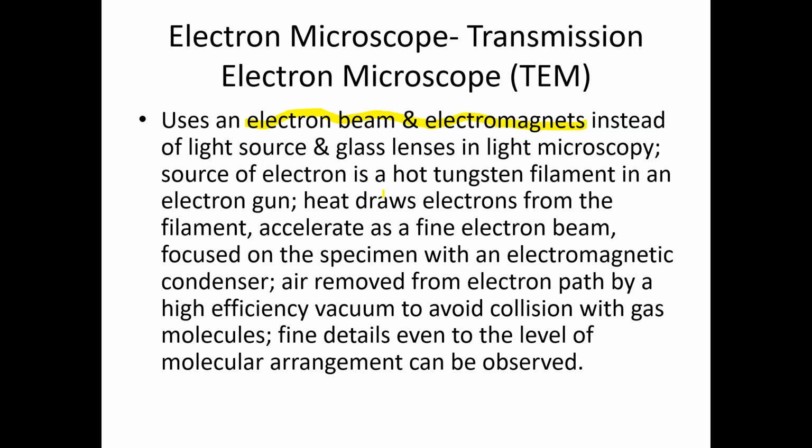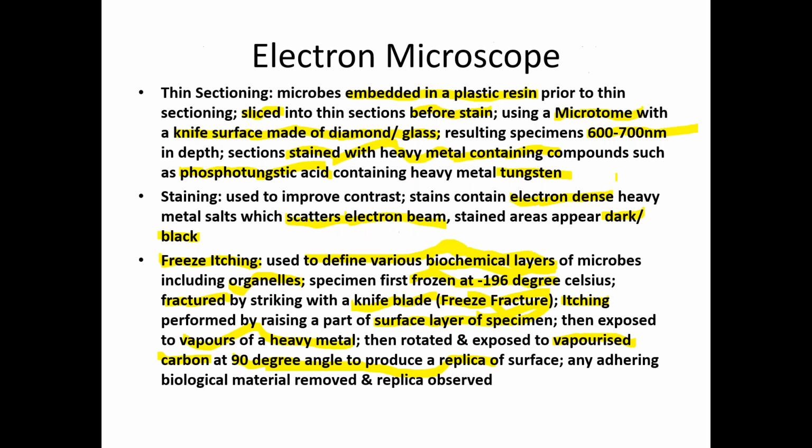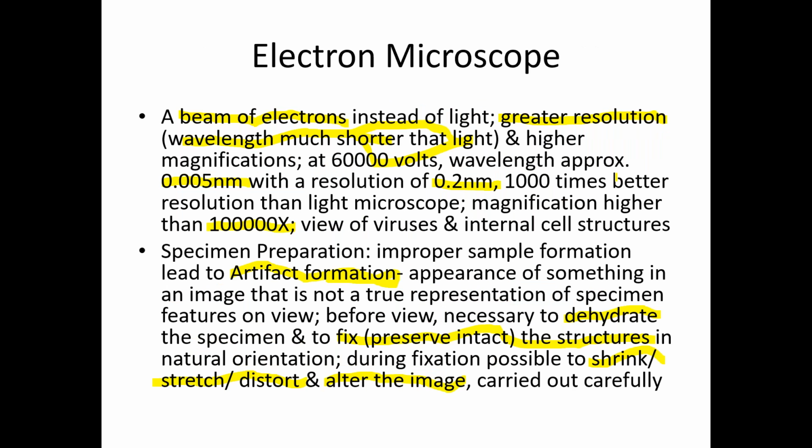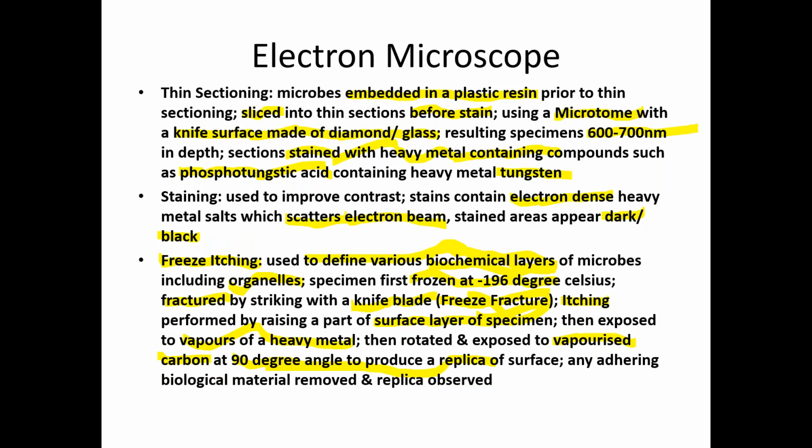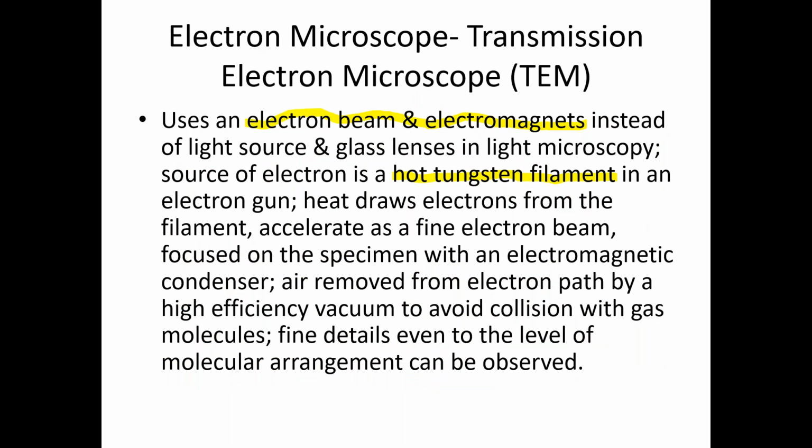Clear? Now, what is the source of electrons? The source of electrons is a hot tungsten filament in an electron gun. So the source of electrons in the transmission electron microscope, or even the scanning electron microscope, is a hot tungsten filament. As I explained in the previous slide, it will be around 60,000 volts, a very high voltage that we apply in electron microscopy.